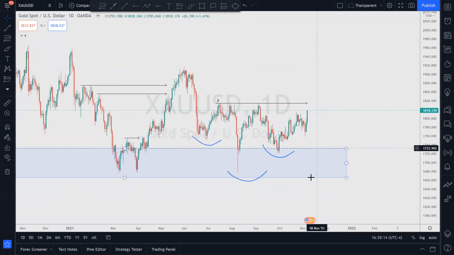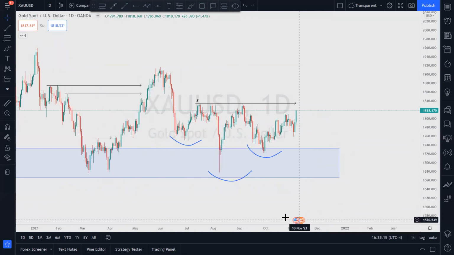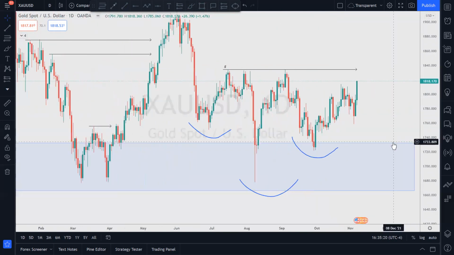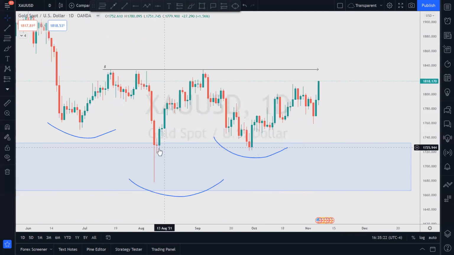Now, I want you to understand something. This is the way I look at the markets. Price made this aggressive move down here inside this bullish order block, right?